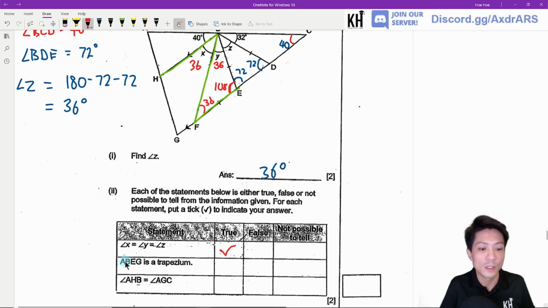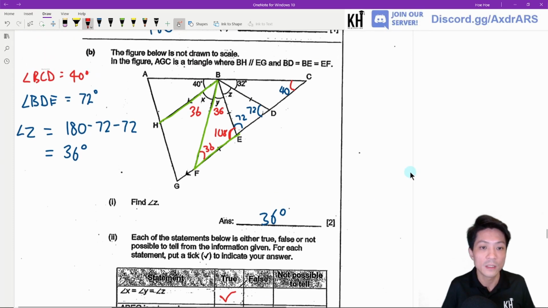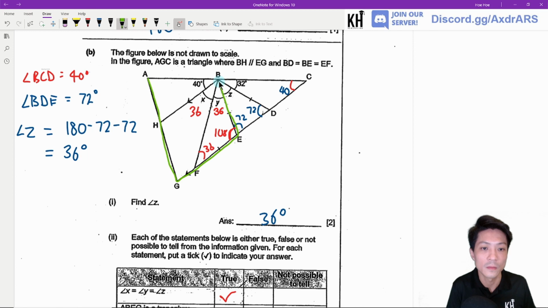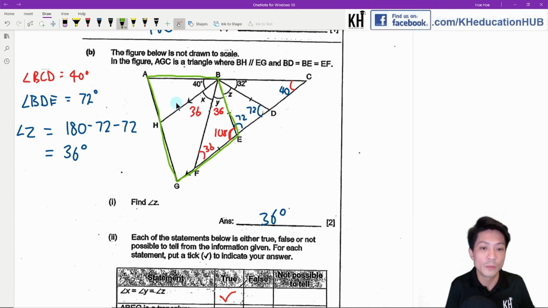The next statement is ABEG is a trapezium. Let me erase away this green line first. The only way to show that this is a trapezium is to prove one pair of sides is parallel. These two sides are definitely not parallel to each other.